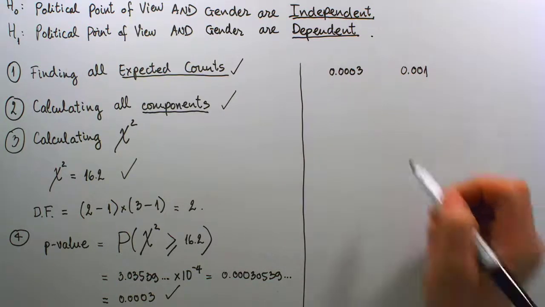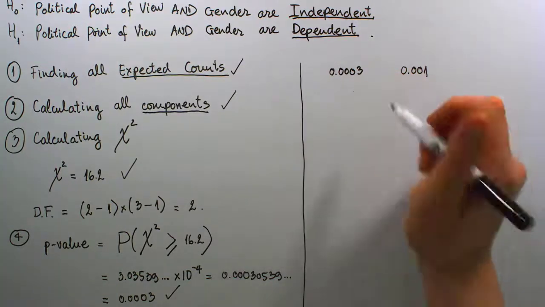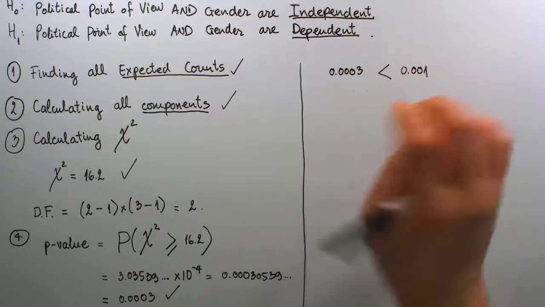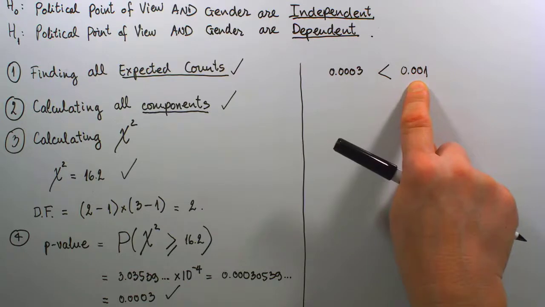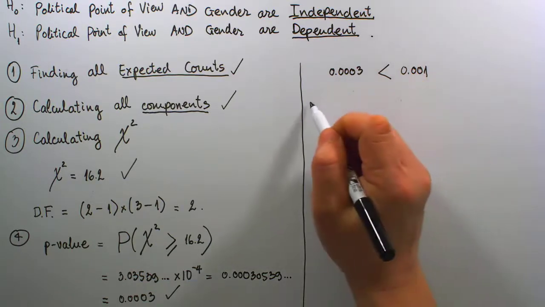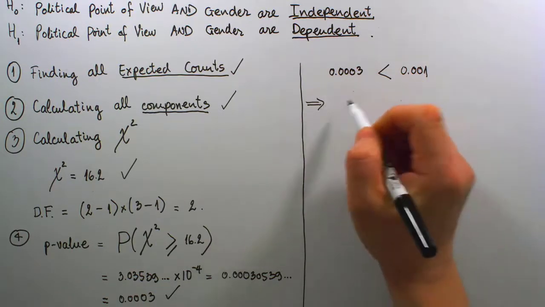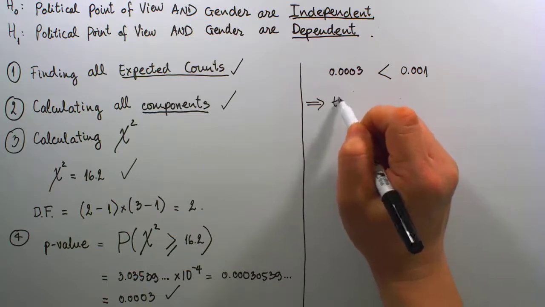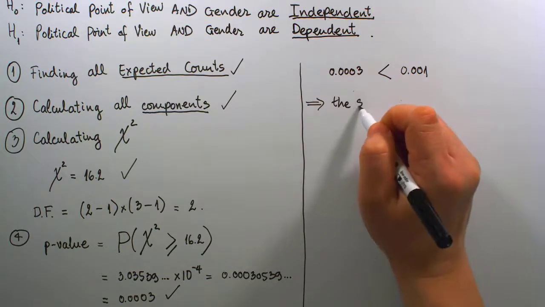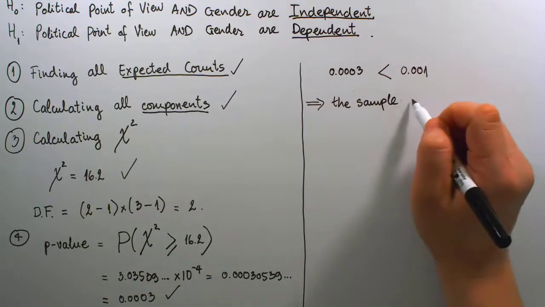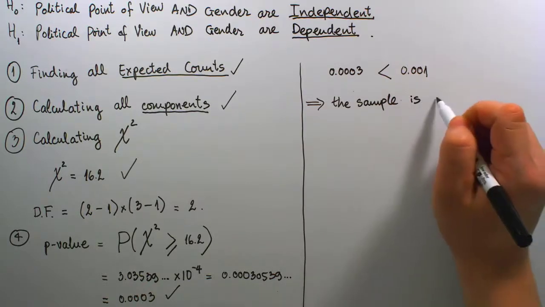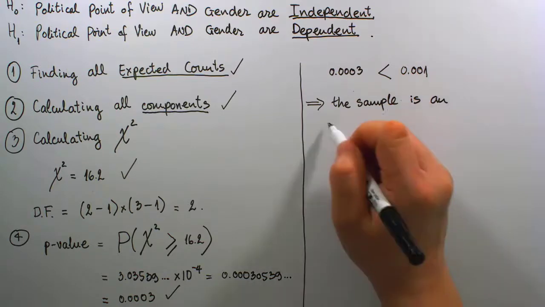Direct comparison clearly shows that this p-value that we have calculated falls well below the given significance level. That leads to our conclusion that the sample, as a table of course, is an unlikely sample.